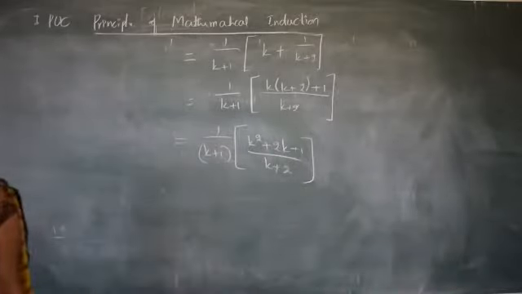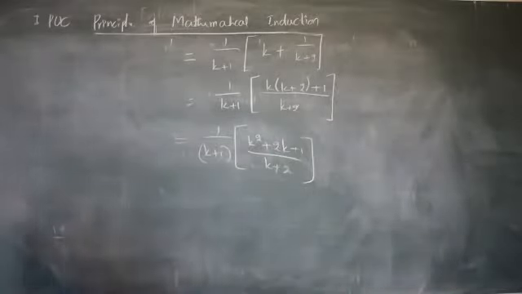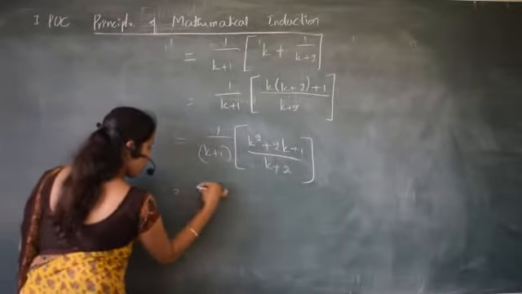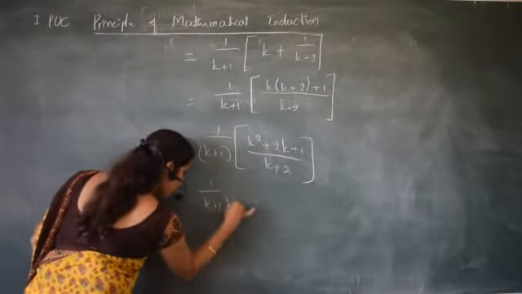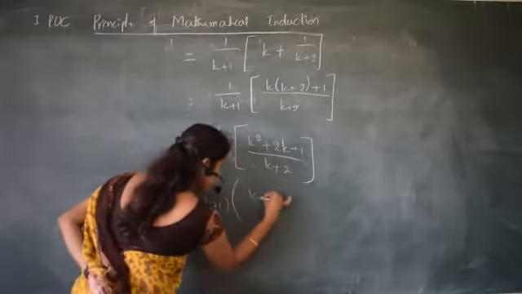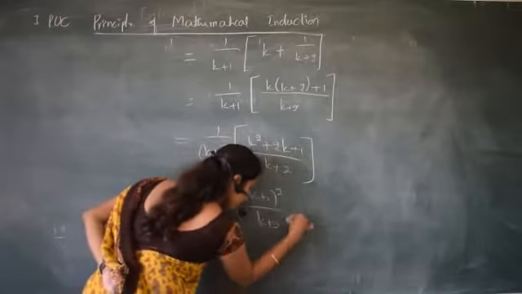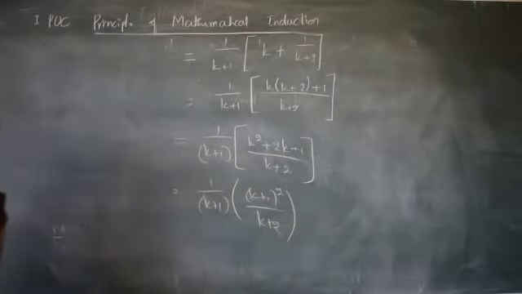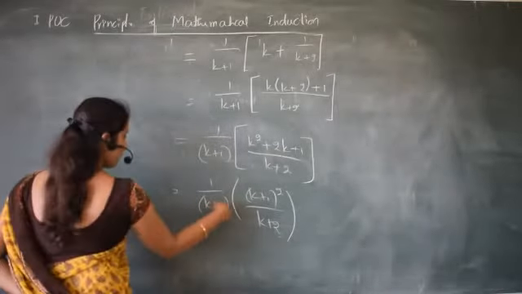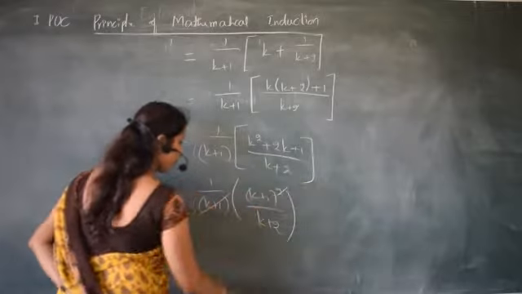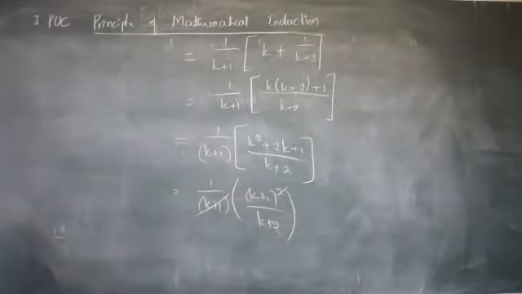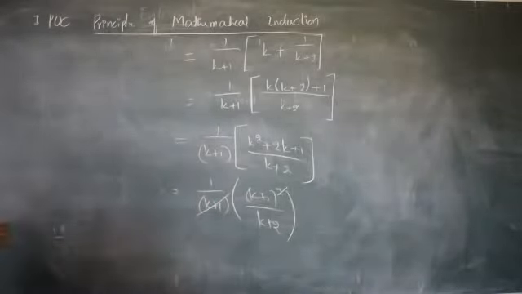So k square plus 2k plus 1 means what? That is the formula of k plus 1 whole square. Here it is k plus 2. So one k plus 1 can be cancelled. The remaining will be k plus 1 divided by k plus 2.